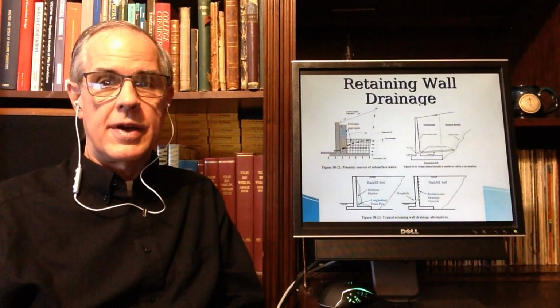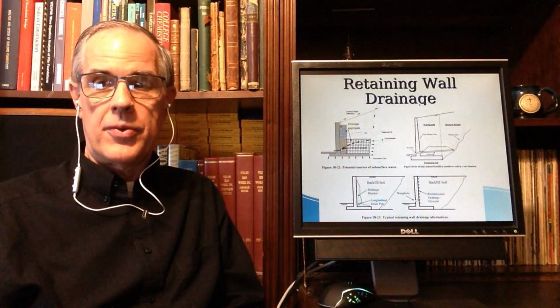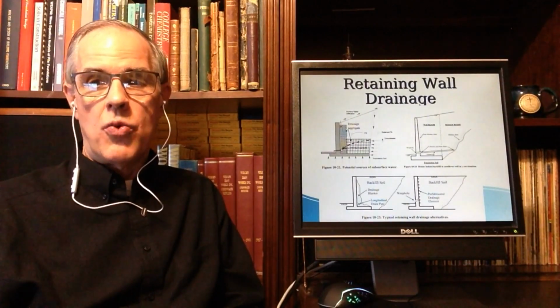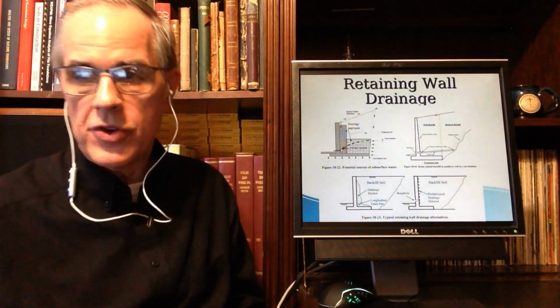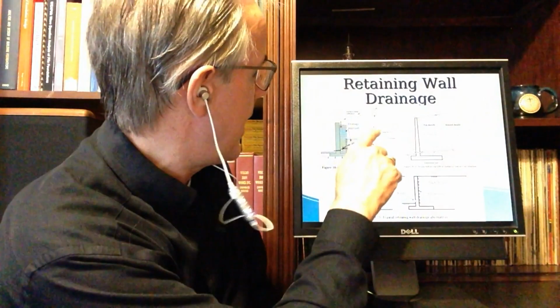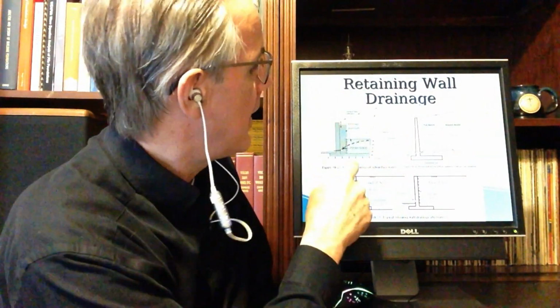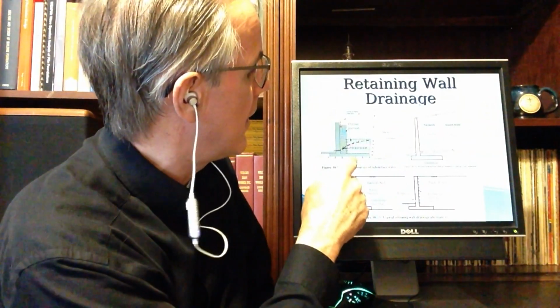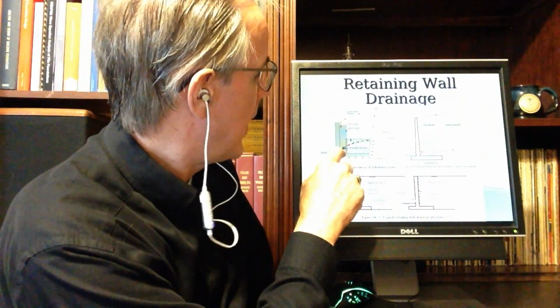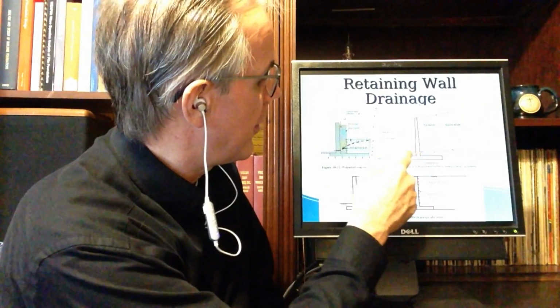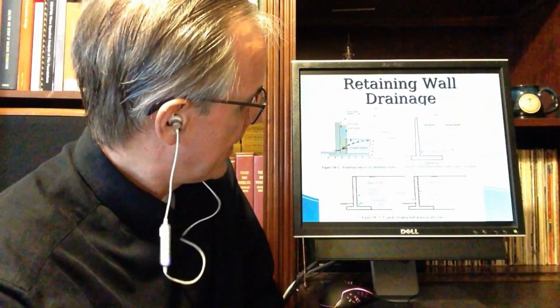But with most retaining walls, the way you deal with it is you create a drainage system behind the wall that draws the water away, eliminates or reduces the unbalanced hydrostatic forces, and pushes the water out through the bottom.